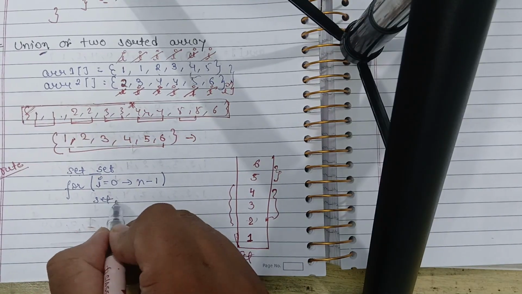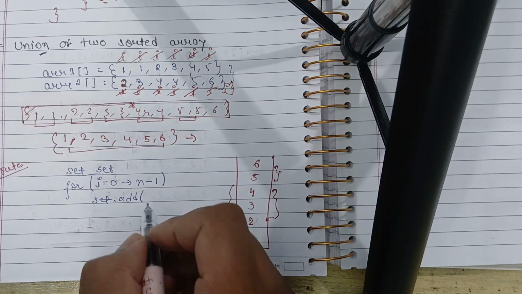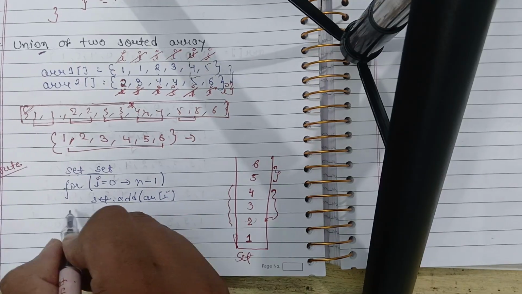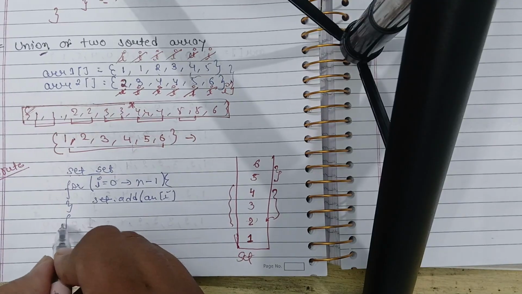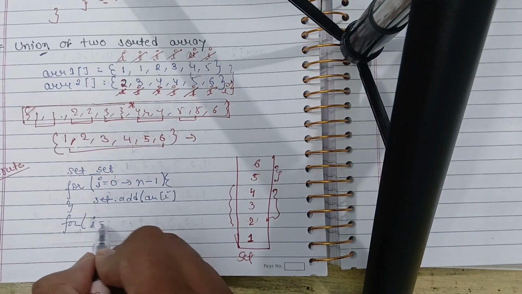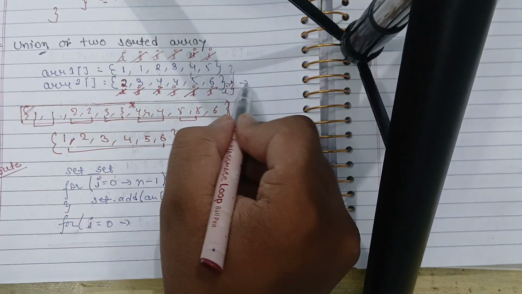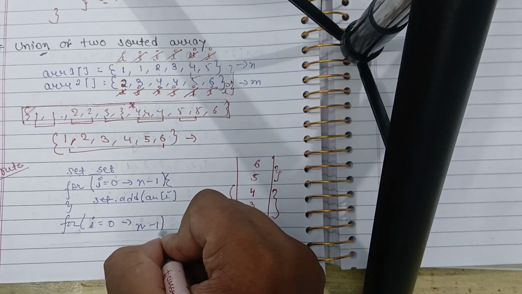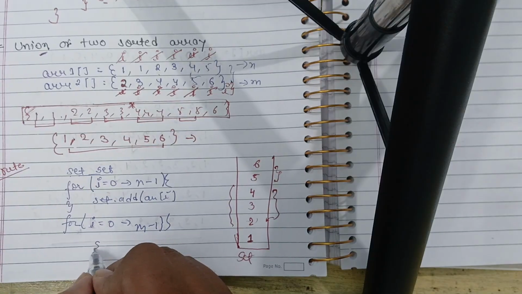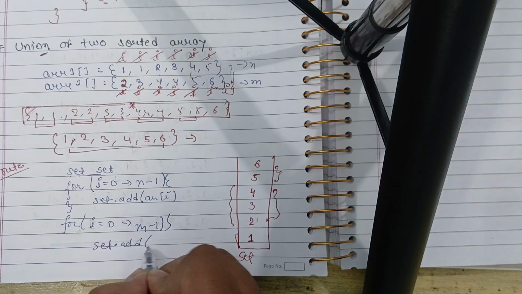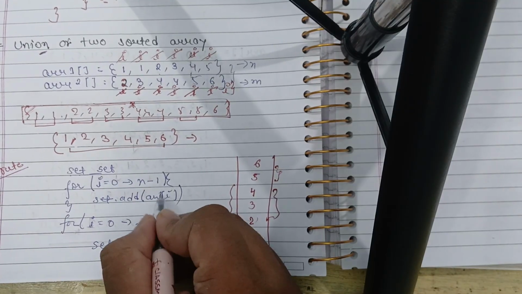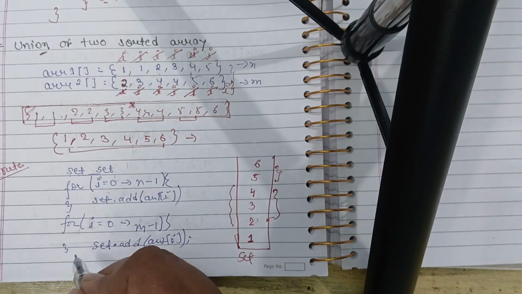Just say set dot add, or push, whatever it is, so set dot add arr of i. Same for the second array, i from 0 to, let's suppose this size is m, so m minus 1, and you say set dot add arr of i, arr1 and arr2.